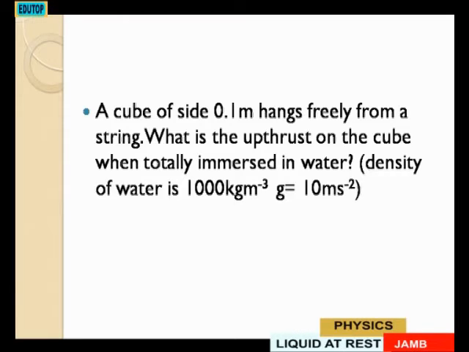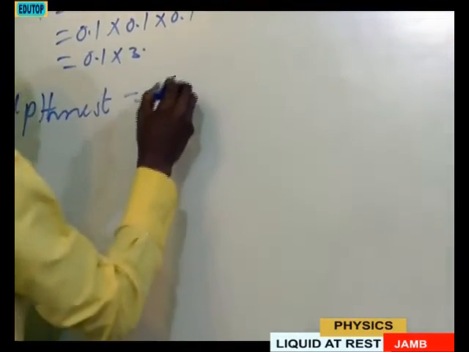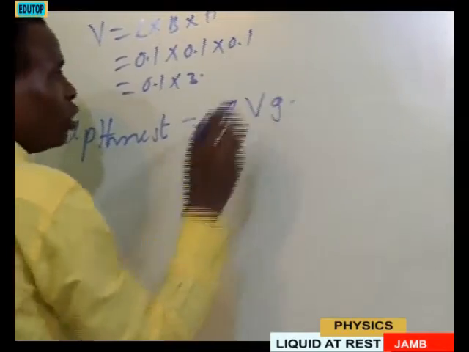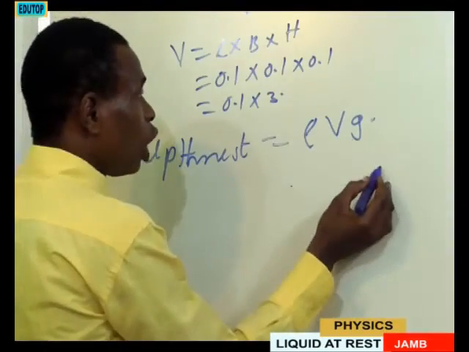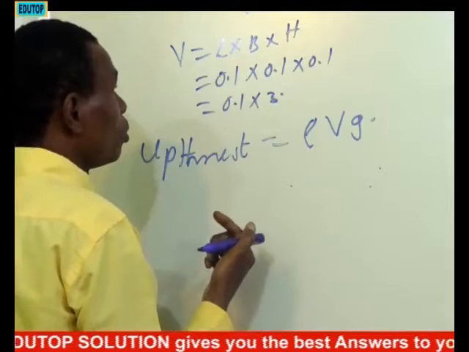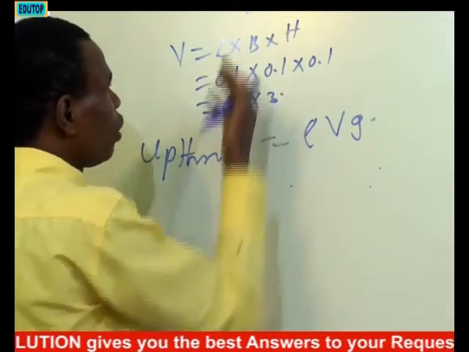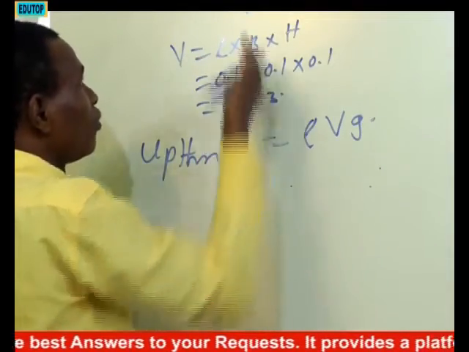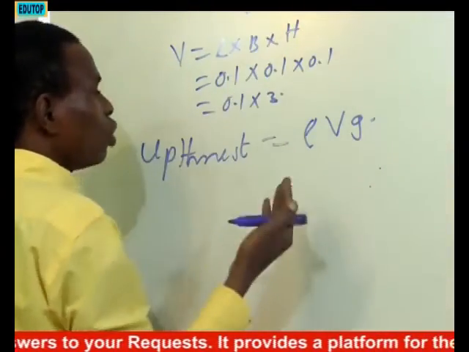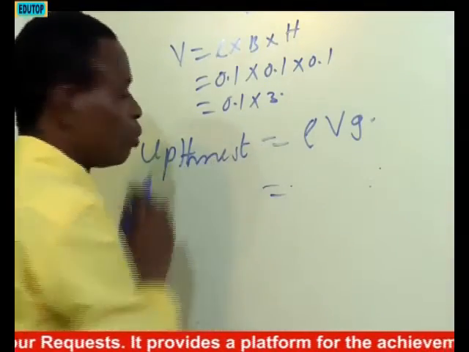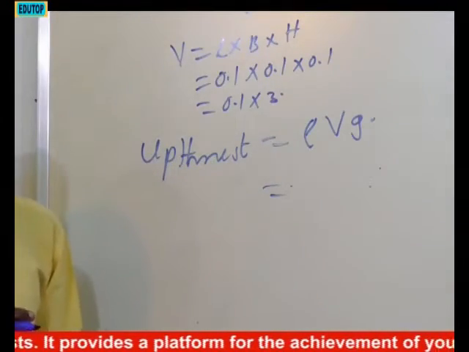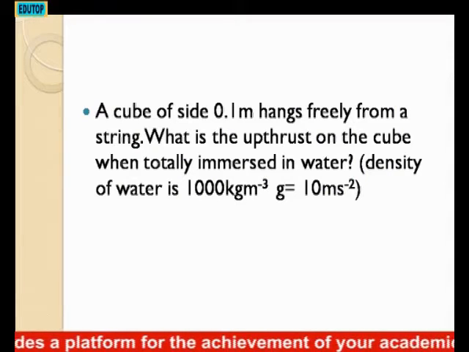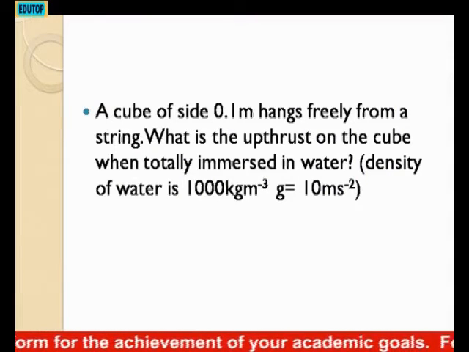We have to calculate the up thrust. The up thrust, as I've told you the other time, will be equal to density, volume, and your value of g. We need the volume of the object, but we are not given it. This is what we have calculated: we calculate the volume from a side that has been given to us. Automatically we can get the up thrust. Let's say the density has been given, which is 1000 kg per meter cube.